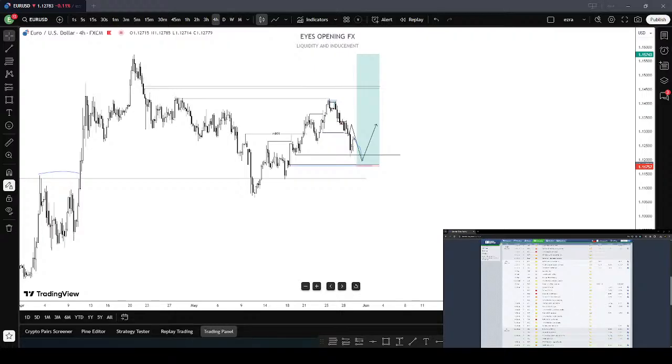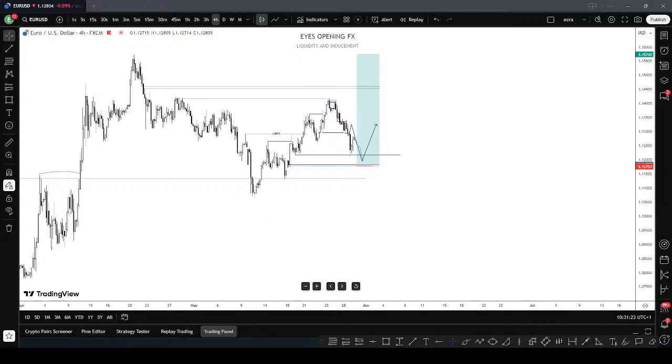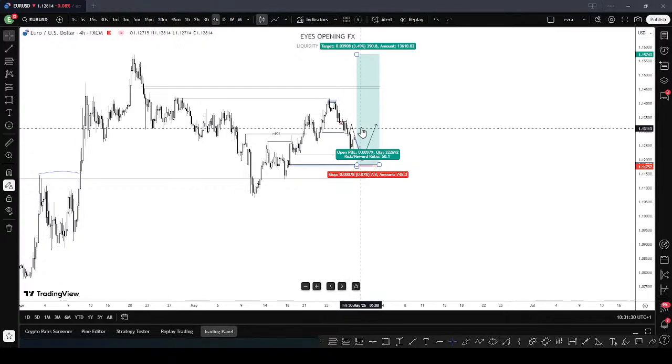So having that in mind, we can remove this middle. Okay, so with that in mind now, since we understand that, we expect USD to buy.